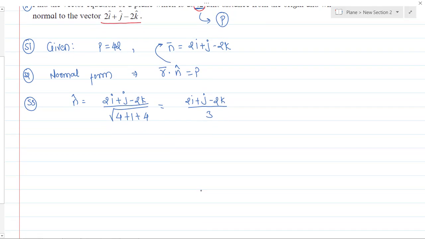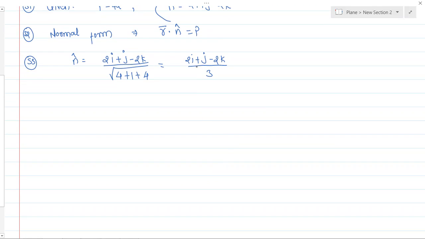Once you have the n cap and they have given p, let's substitute this in the form r bar dot n cap equals p. So r bar dot 2i plus j minus 2k whole divided by 3 equals p, which they have given as 42.